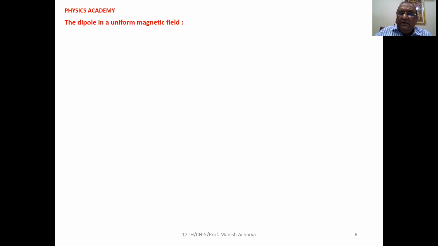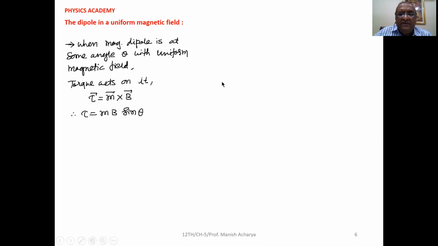So the torque acts on the dipole when it is placed in the uniform magnetic field. If it is at some angle theta, then the torque acting on it is tau equal to magnetic moment M cross magnetic field B. Magnitude wise, torque is MB sine theta. Under the effect of this torque, the dipole will rotate in such a way that theta decreases.